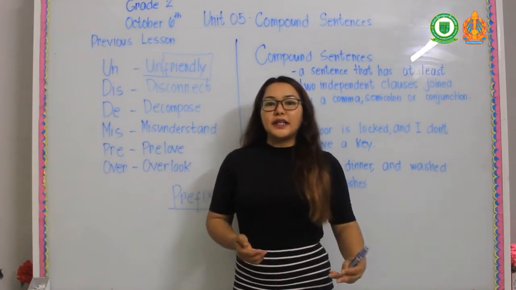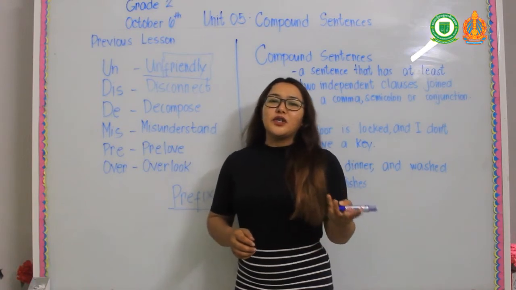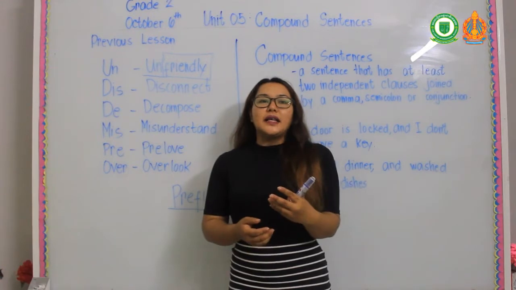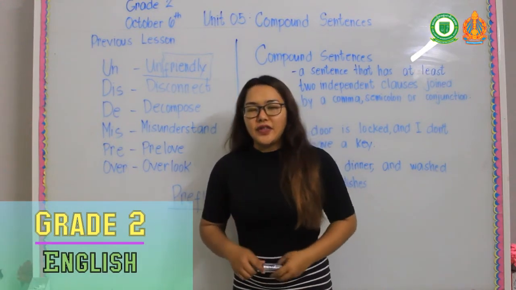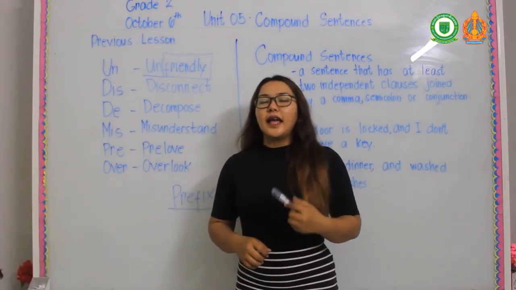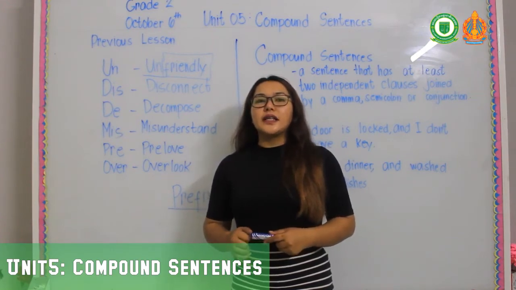So unfriendly or not friendly at all. Meaning, you just want to be alone, you don't want to have friends, you don't want to tell stories or play with your friends. So that's the prefix un, and the word we can use is friendly.